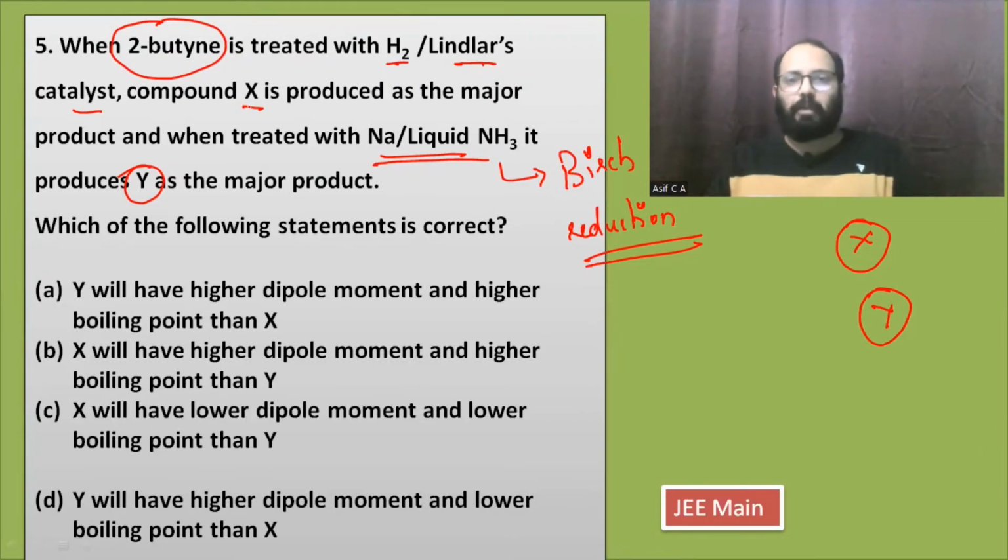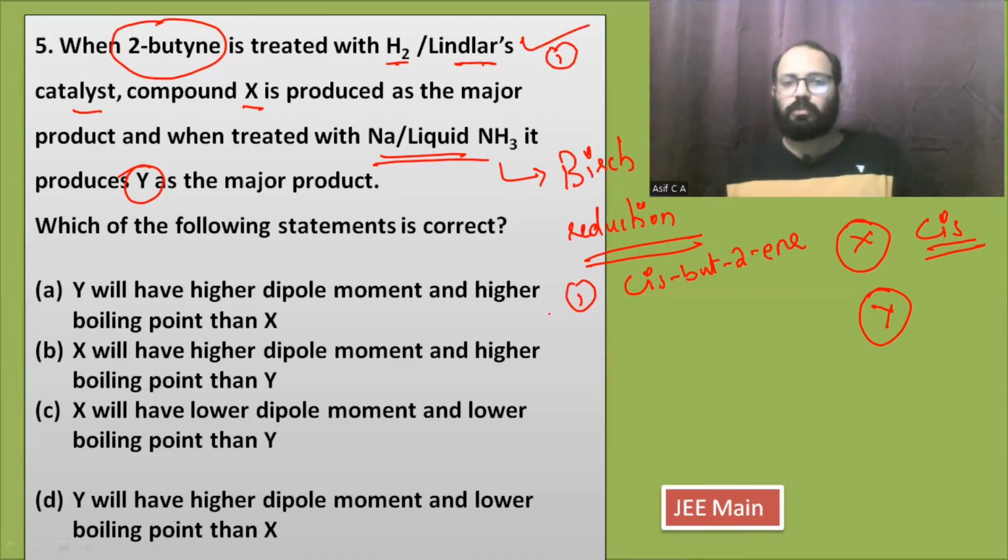So what is happening? Simply, when 2-butyne undergoes partial hydrogenation, we get an alkene. When 2-butyne is treated with Lindlar catalyst, you will be getting cis-butene, the cis product. First we used Lindlar catalyst. Second, what do you use?